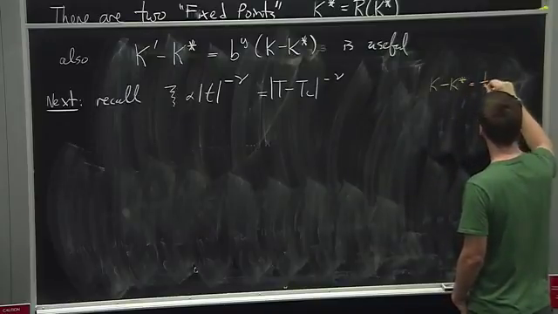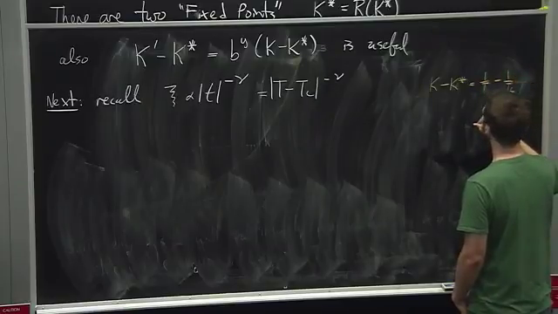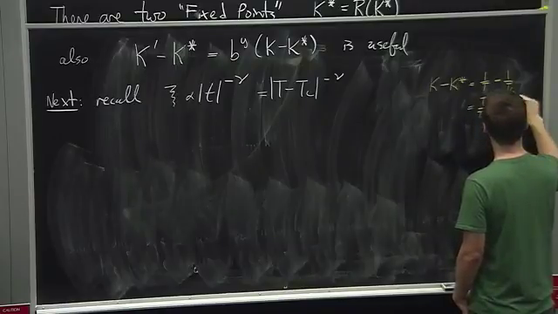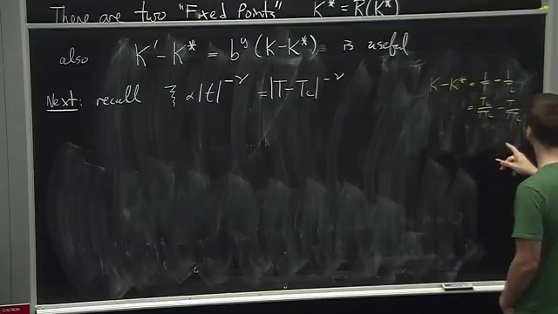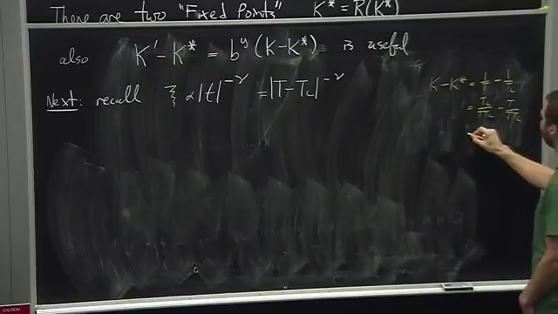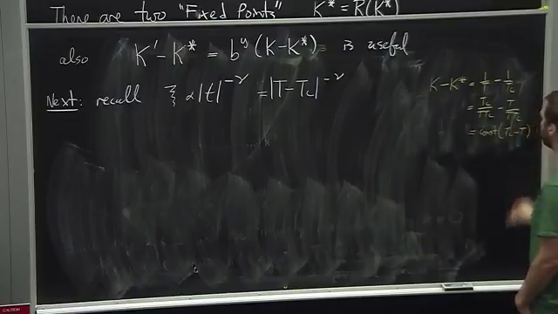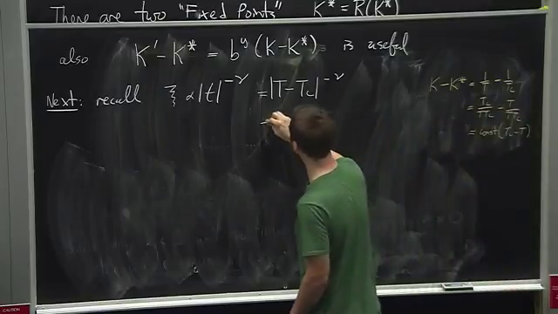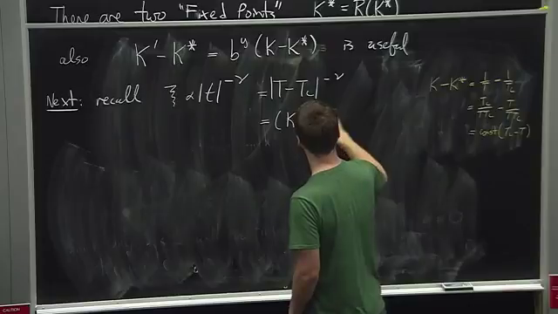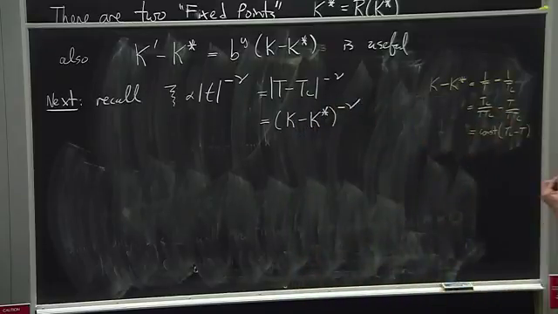That's 1 over T minus 1 over Tc. So very near to the critical temperature, it's some constant times Tc minus T. Okay, so maybe the signs change. So I can also say that this thing is K minus K star. Why not?